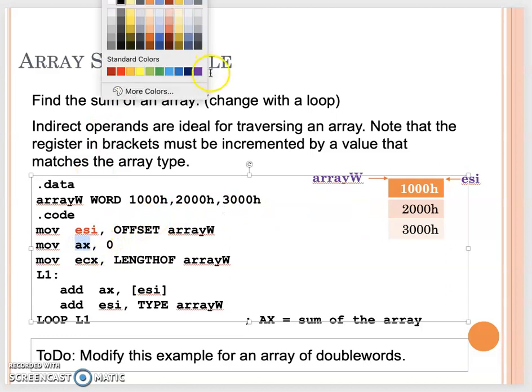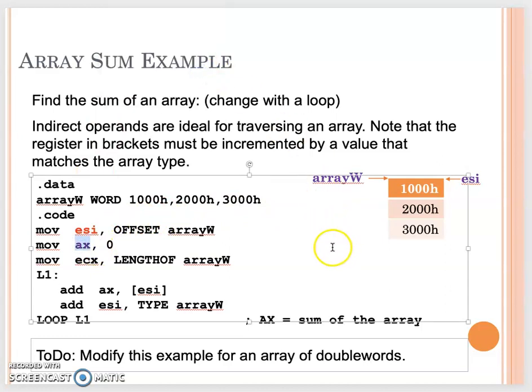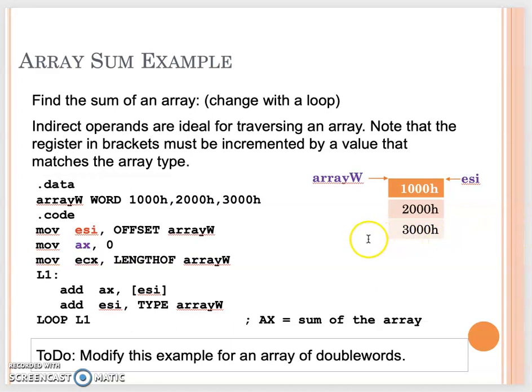But one thing is, how many times do we need to do the addition? Remember that when we write a loop instruction, your ECX is always your counter. So here you have 1 element, 2 elements, 3 elements. I need to do it 3 times, moving the ESI one by one to add to AX, right?